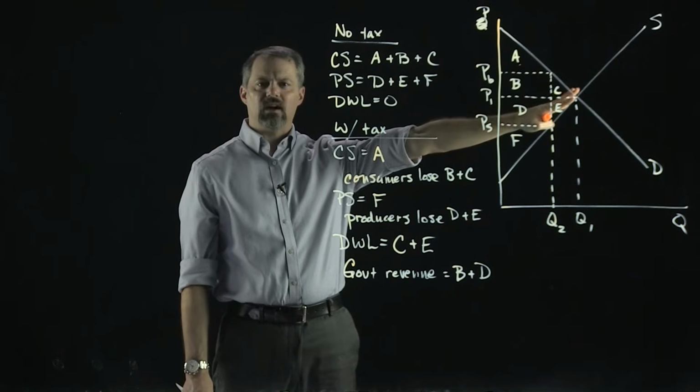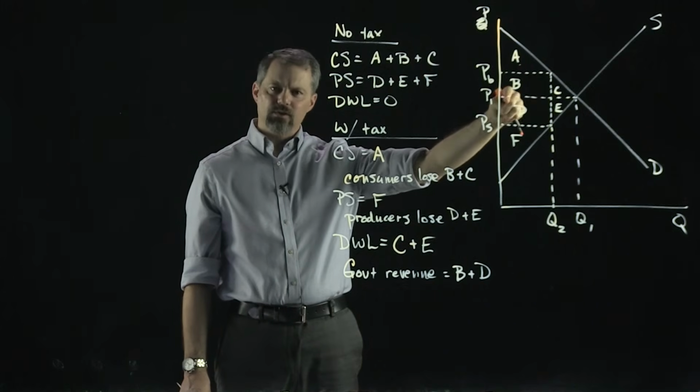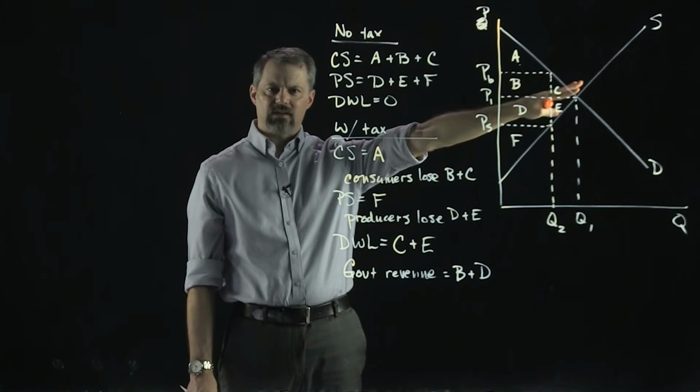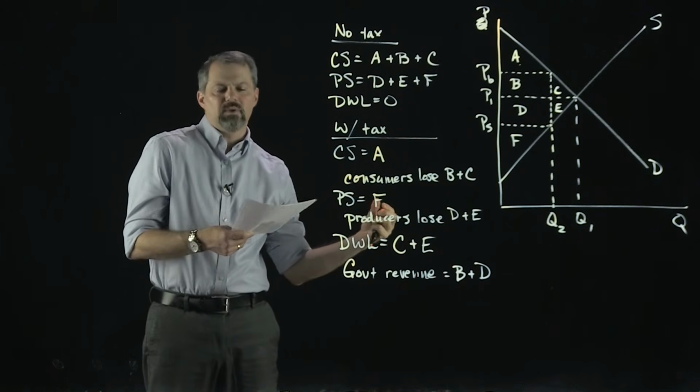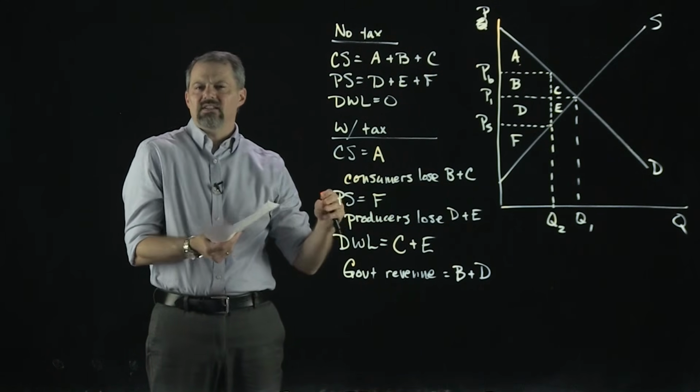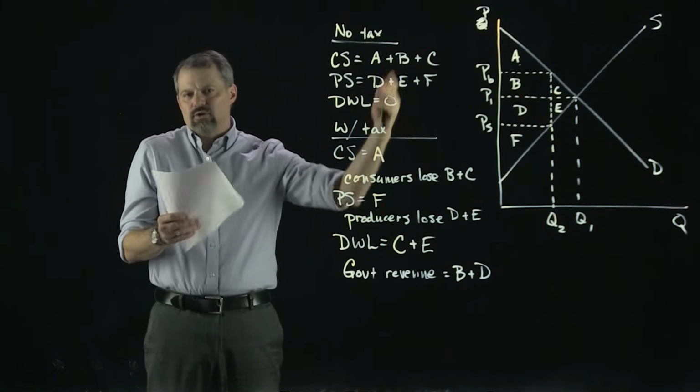That ends up in the pockets of the government. Part of it, D, used to be producer surplus. That ends up in the pockets of the government. And then the government decides how they want to spend it. So it could be that maybe they spend it in such a way that some of that gets back to the consumers and producers. It could be that case.